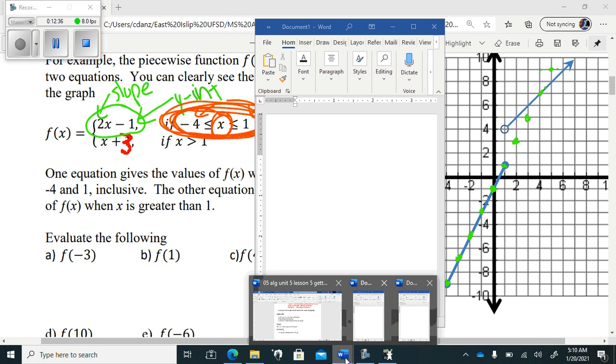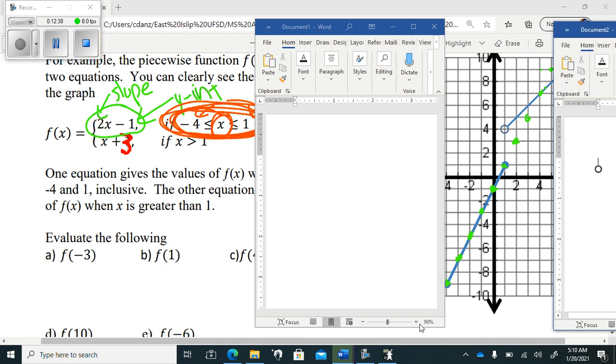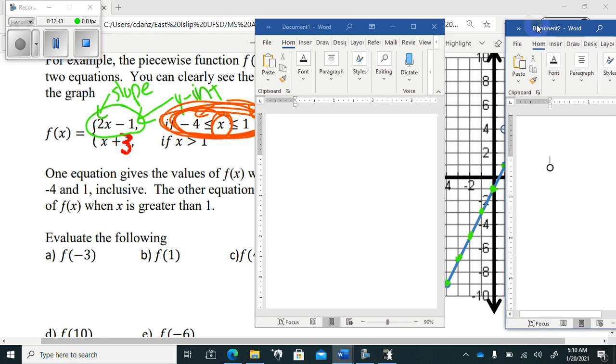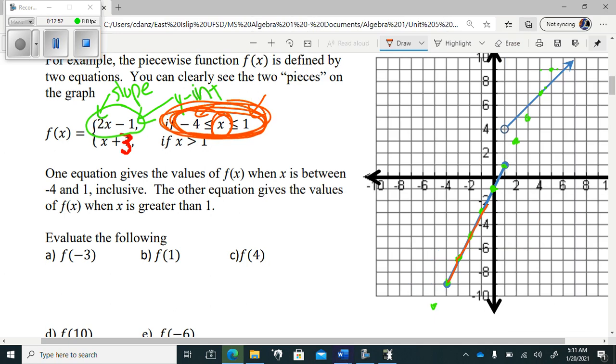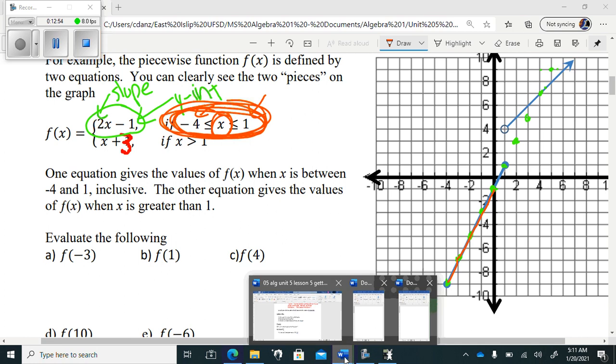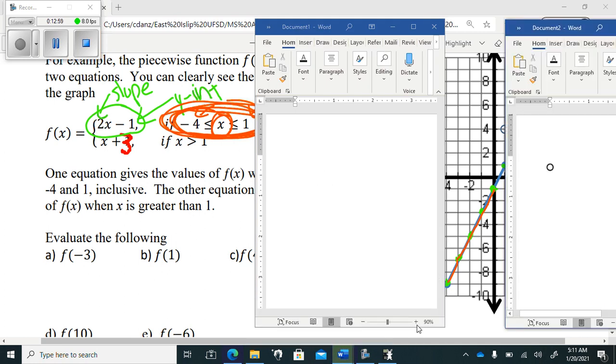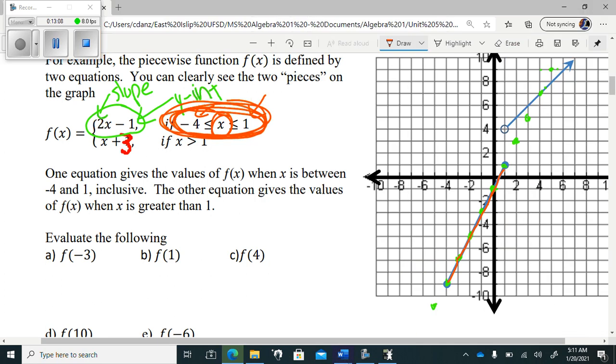I need my other index card. And right there, see these green dots? These are the dots that need to be connected. Of course, as soon as I touch my screen, my index cards go away. So it's going to make it difficult for me to show you which ones to connect, but you can see the ones that are connected. And I just attached it in red.